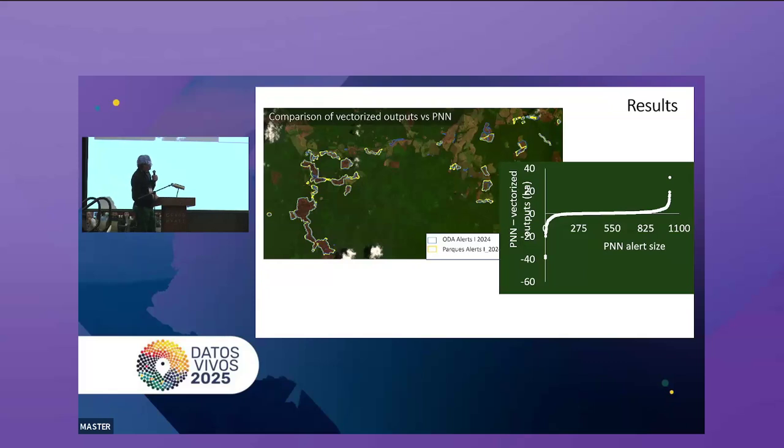Our system tends to produce smaller alerts, while their system tends to produce more big area alerts. And part of the explanation for this is that in some cases, our product is splitting some of the alerts in smaller polygons.